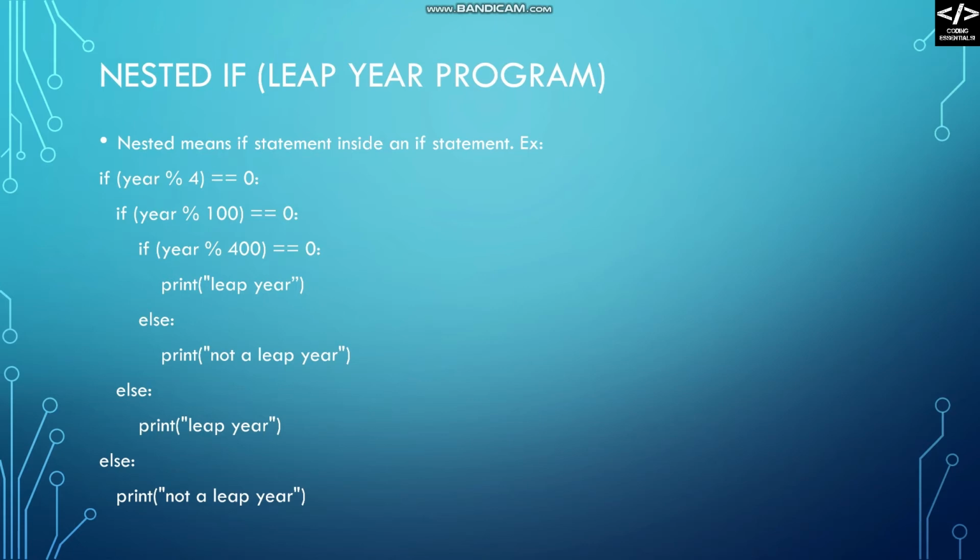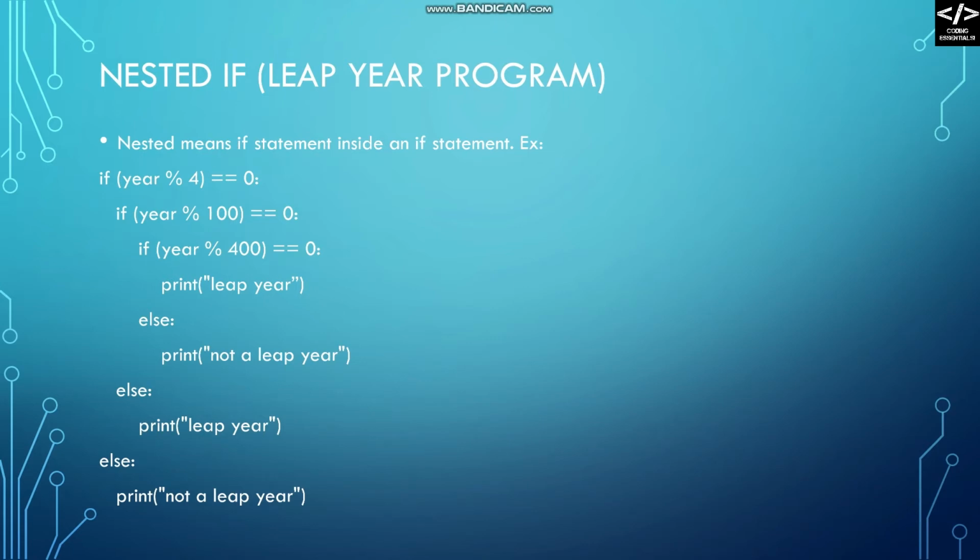So basically, inside the first if, we will write year modulus 4 equal 0. Then if the year inputted is divisible by 100 also, we will check year modulus 100 equal 0.